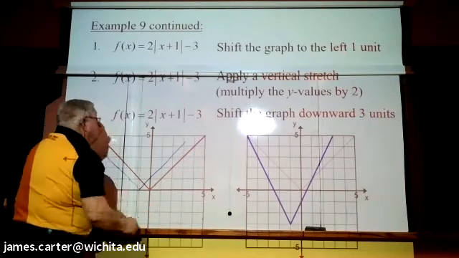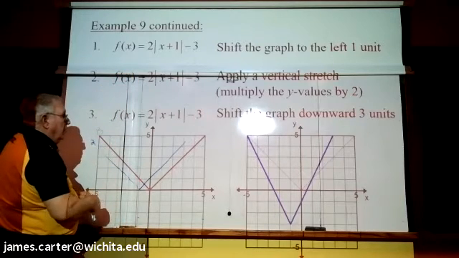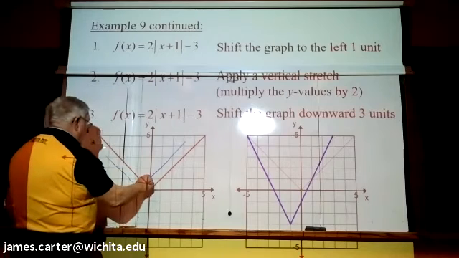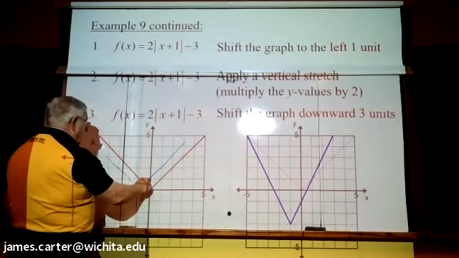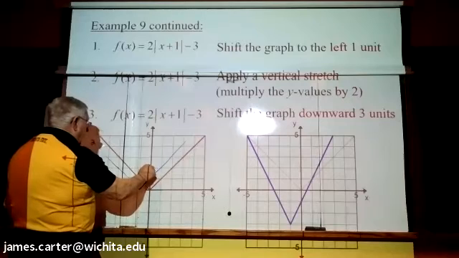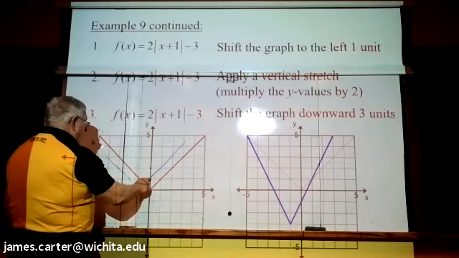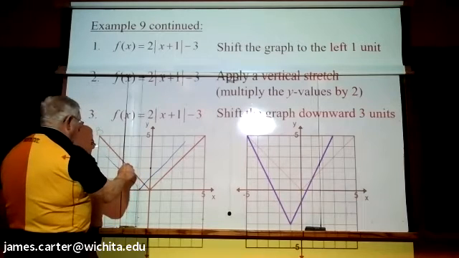So now let's go to our next step. We're going to multiply by 2. And when we multiply by that 2, okay, although this point will stay the same, that point will double. And this point will also double.